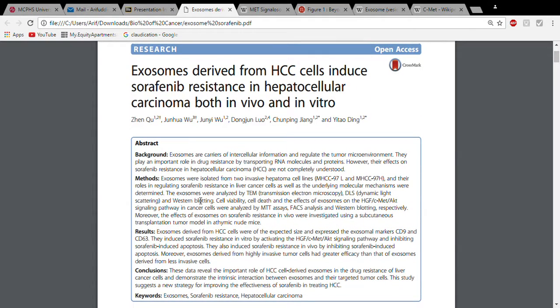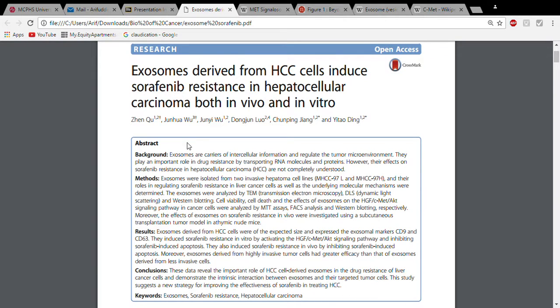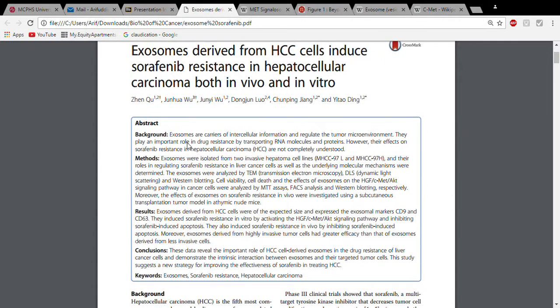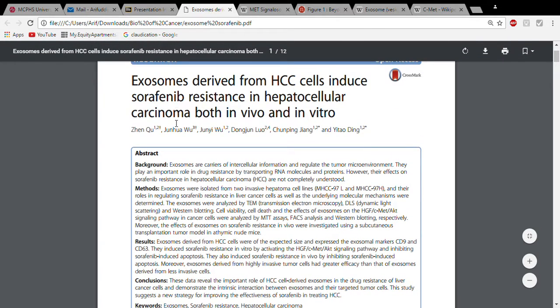What specifically piqued my interest about this paper was exosomes. It was interesting to see how exosomes would help in cancer development, in this case by helping cells develop a resistance against the drug that was used to treat cancer.